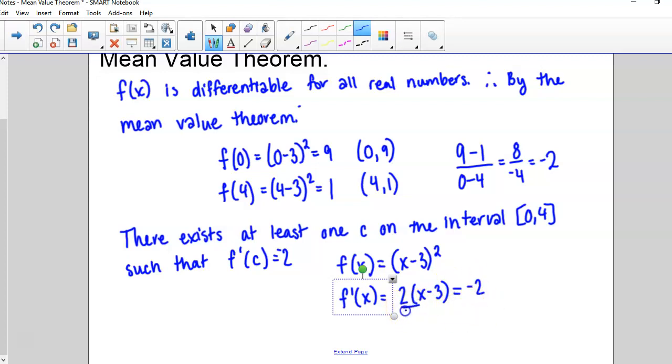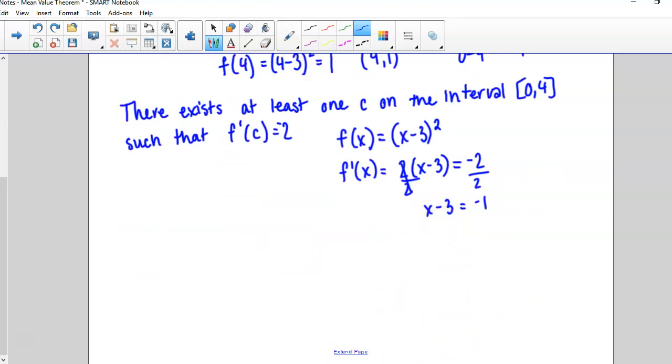You could solve this a couple ways. I'm going to divide that 2 off. So x minus 3 equals negative 1. I'm going to add 3. So x equals 2. I could have used c's instead of x's for all that. So at x equals 2, our derivative equals negative 2. That's the point that satisfies the mean value theorem.